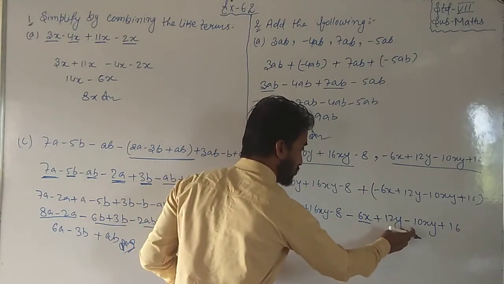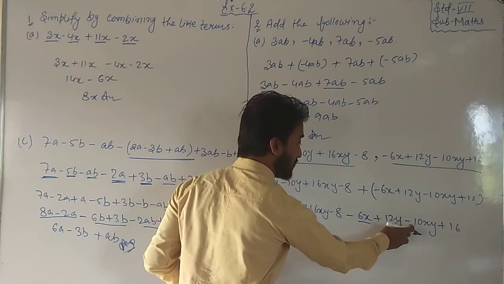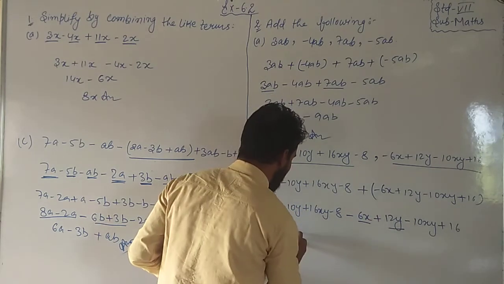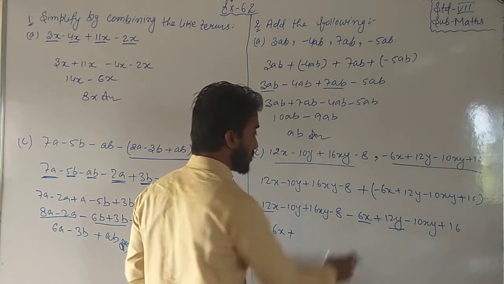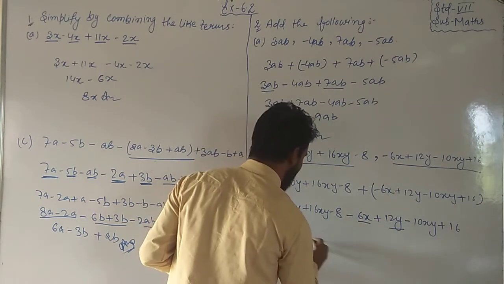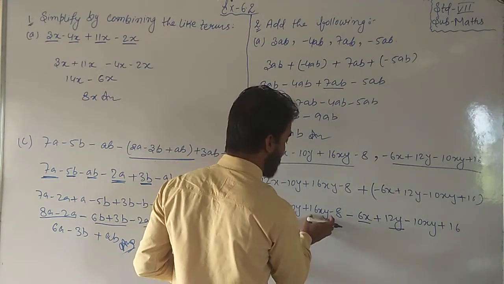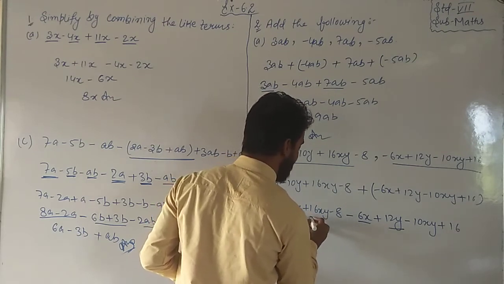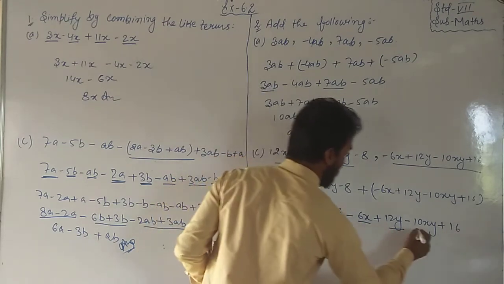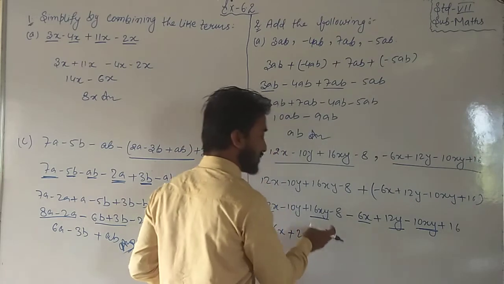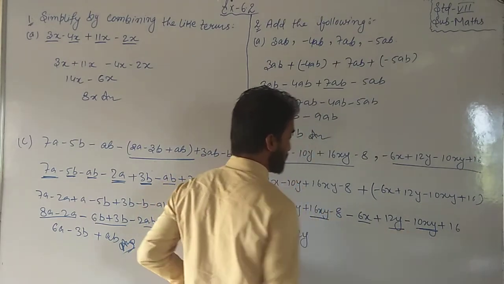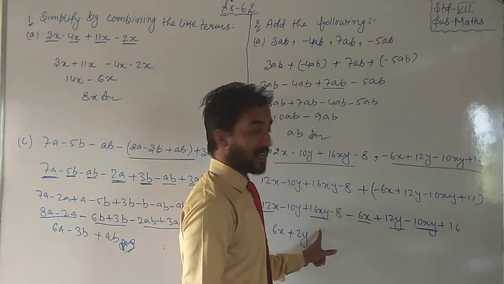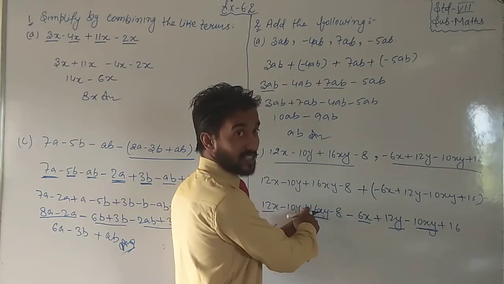So this 12y is greater, and before that a positive symbol is there. So we will put positive here. And the result is 2y. So students, after that plus 16xy. See that term, plus 16xy or minus 10xy. See, is 16 greater or 10 greater? Definitely 16 is greater, and before 16 the sign is positive.